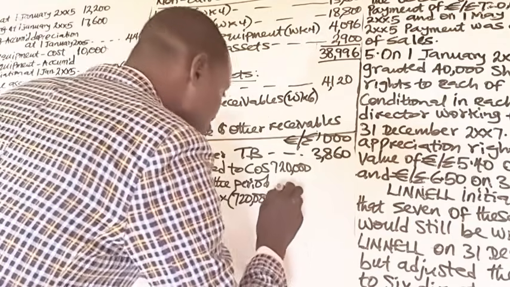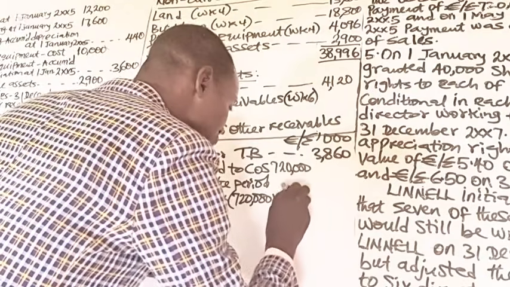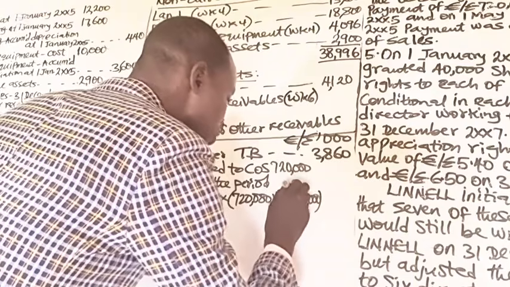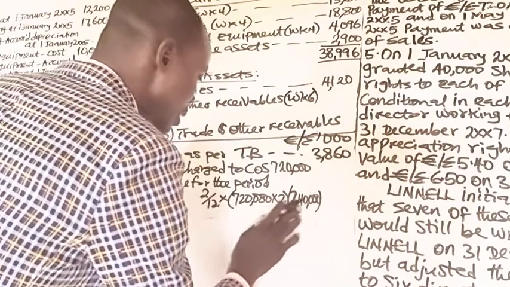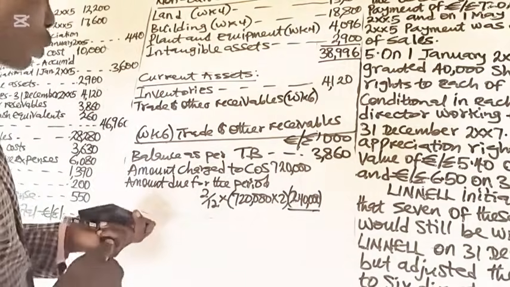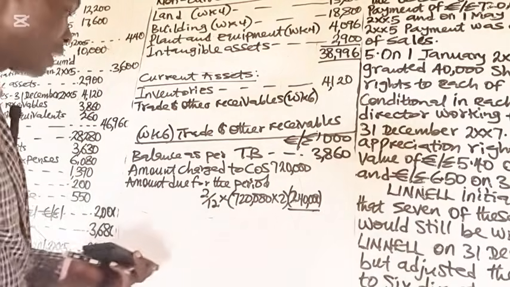So the amount due for the period is 240,000. But 720,000 was expensed, when the amount that is supposed to be expensed is 240,000.